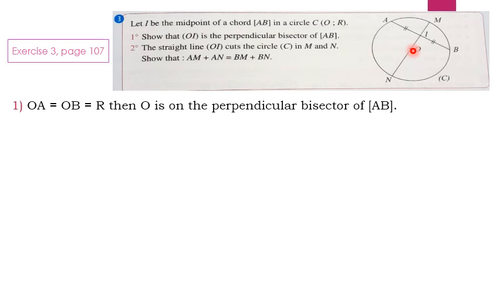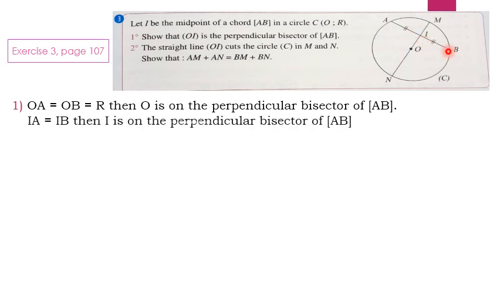To get a line, I have to search for another point. There is nothing given about N or M, but here they told me that AI equals IB. Then I is equidistant from A and B. I can also say that I is the midpoint of AB.